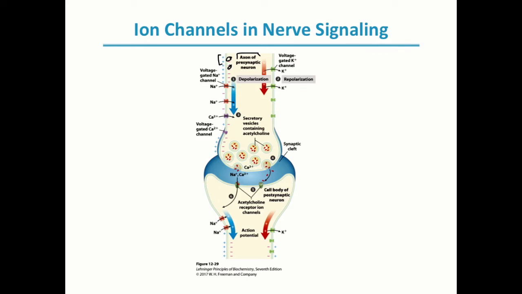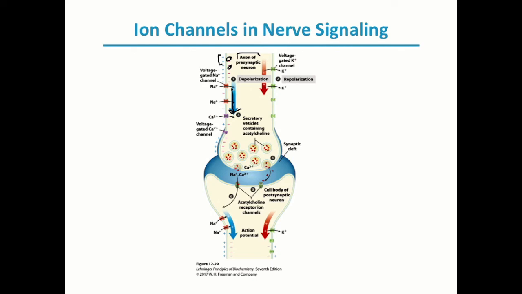There is a stimulus to this neuron, which is not shown in the figure, and it causes an action potential to move along the axon, shown with the blue arrow. This causes a voltage-gated sodium channel to open, resulting in entry of sodium ions, and the resulting local depolarization causes the adjacent sodium channel to open, and so on.